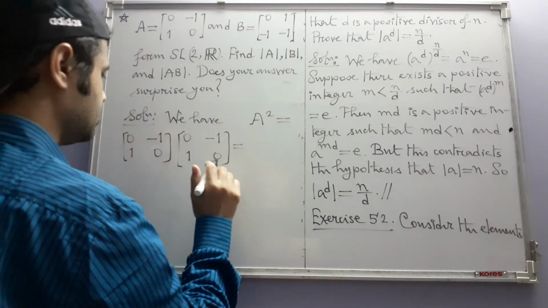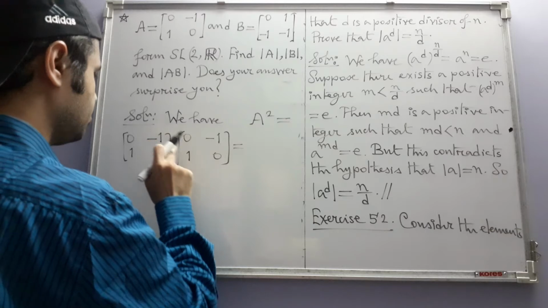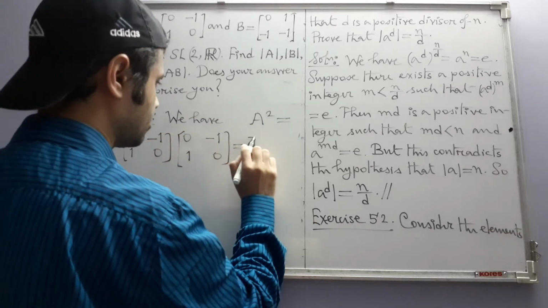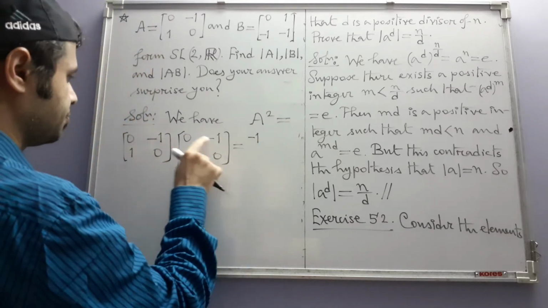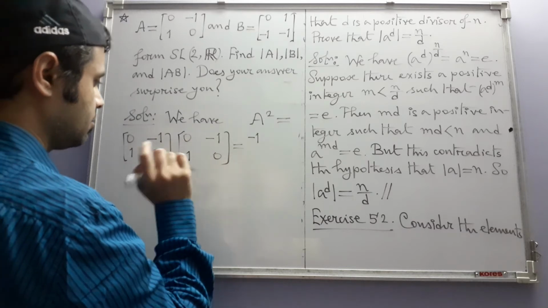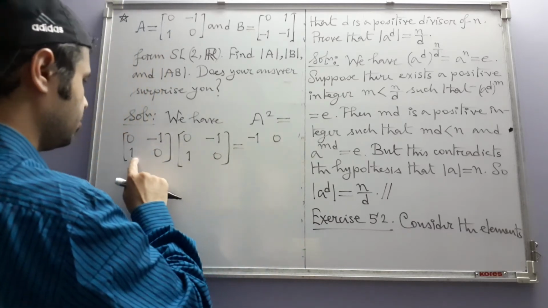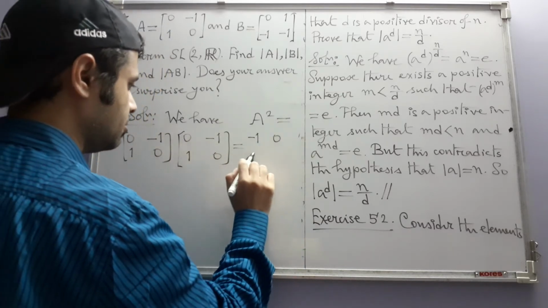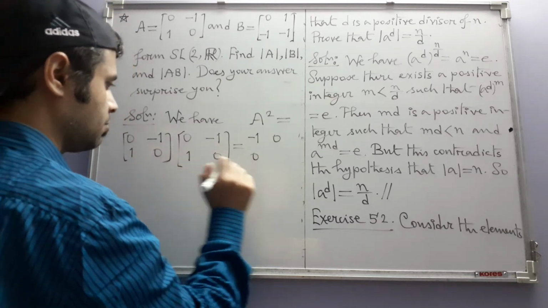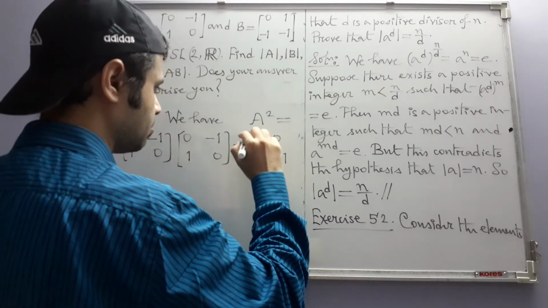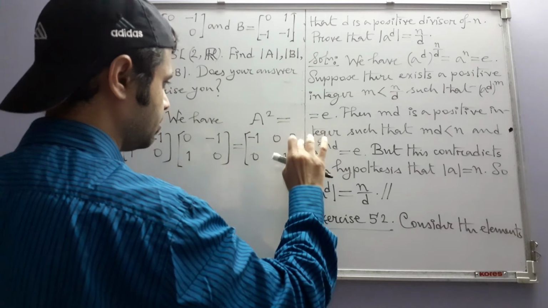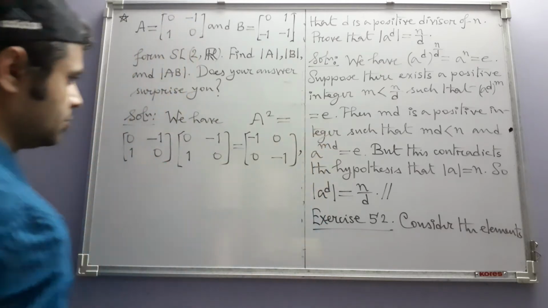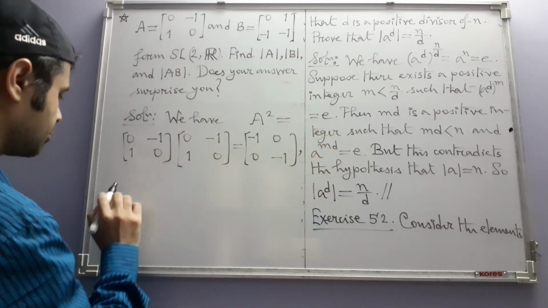So 0 times 0, 0, 0, minus 1. So this is minus 1. 0 plus 0, 0. 0 plus 0, 0. Minus 1 plus 0, minus 1. So that means A square is also not equal to the identity.